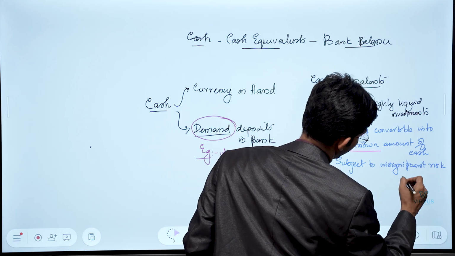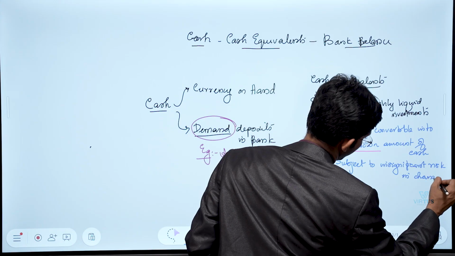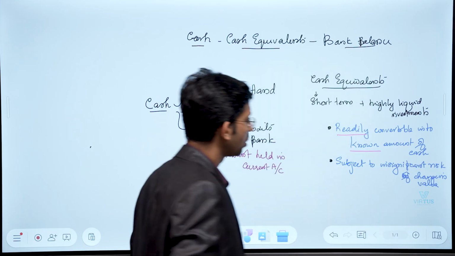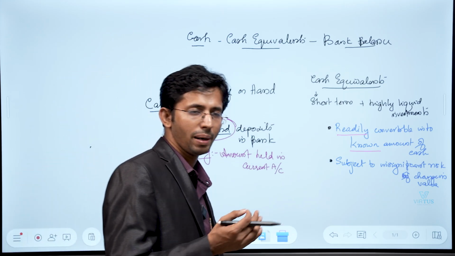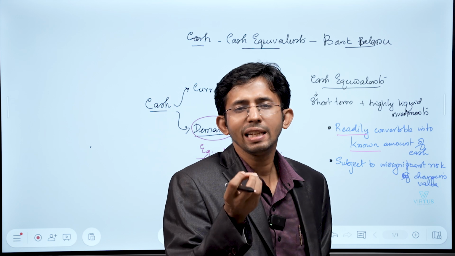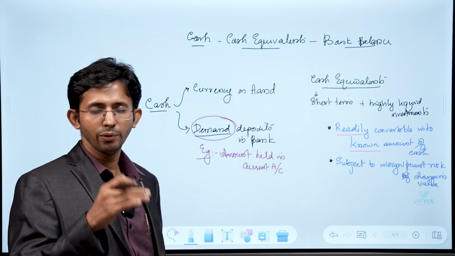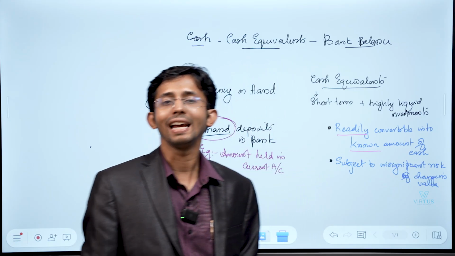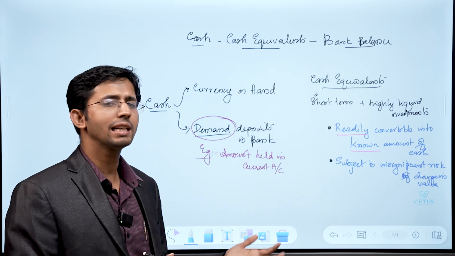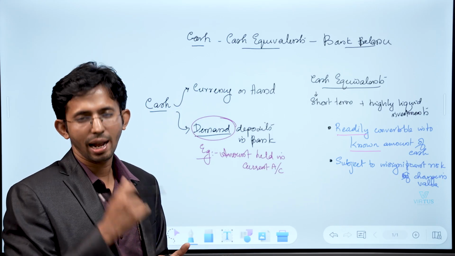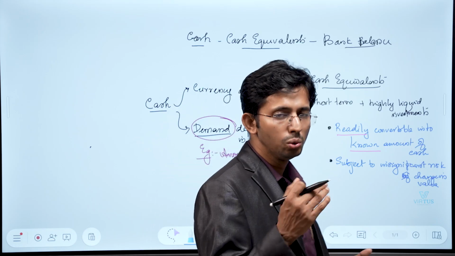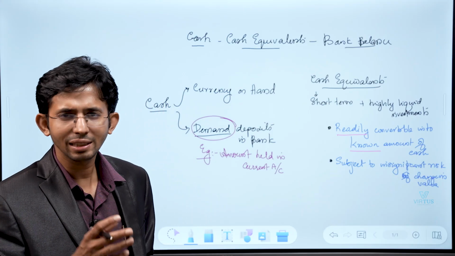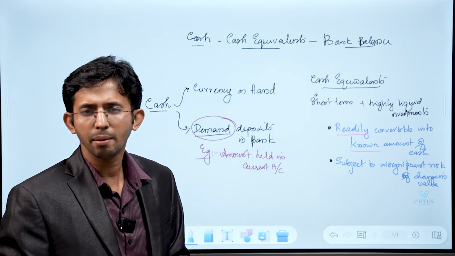There could be a change in value, but the risk of that change is very insignificant, because even if it is converted into cash, you know beforehand how much you are going to get. A typical example is your deposits with the bank. If you are holding a deposit with your bank, you know how much money you will receive when you convert it into cash. Do you think there is going to be any uncertainty with respect to the amount that you will realize?